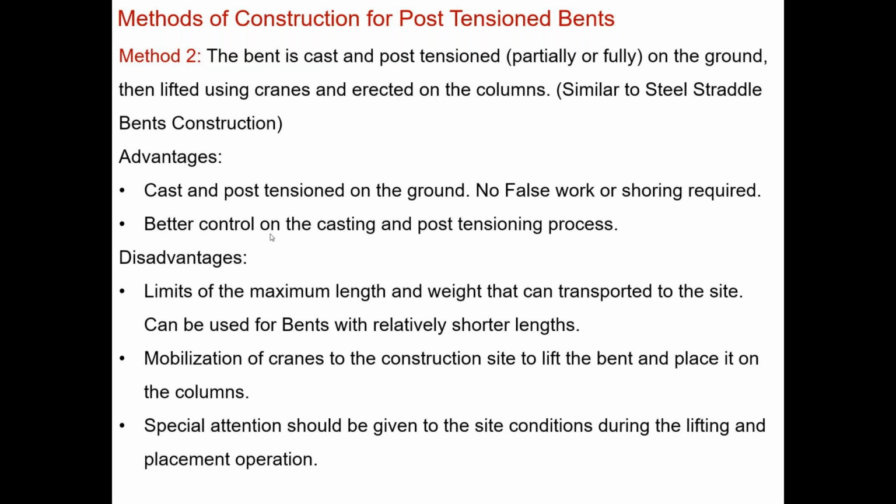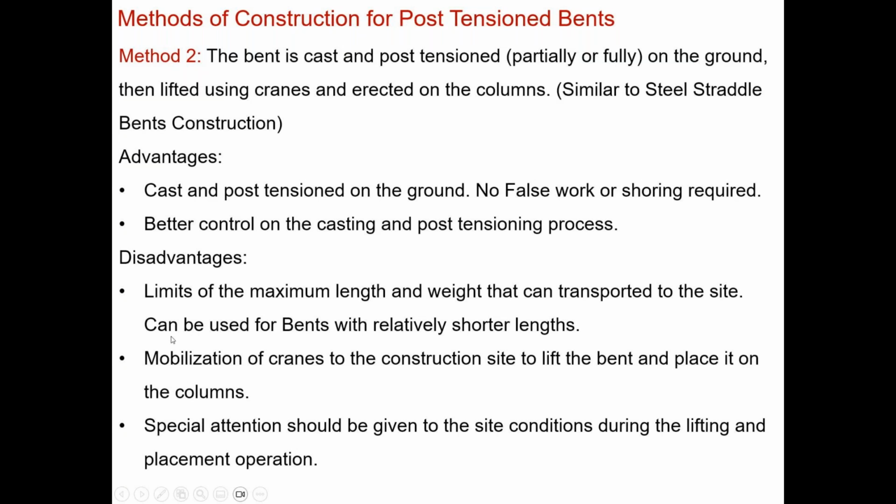The disadvantages, I would say, are that you have certain limitations on the length and the weight of the bent that can be cast on the ground, either in a plant and transported to the site, or even cast on site right away. You still need to limit the length and the weight to whatever cranes you have that can lift this straddle bent later and place it on the columns.